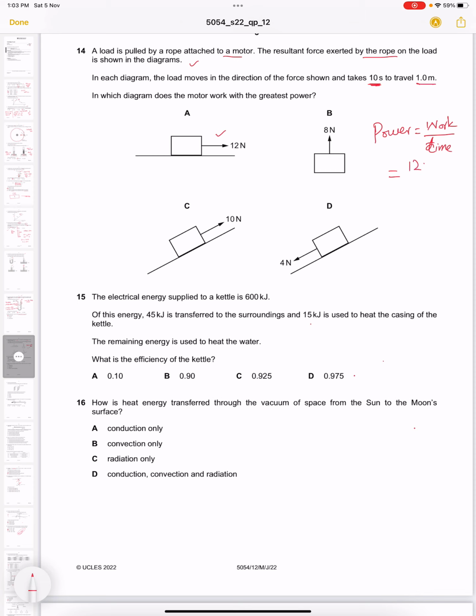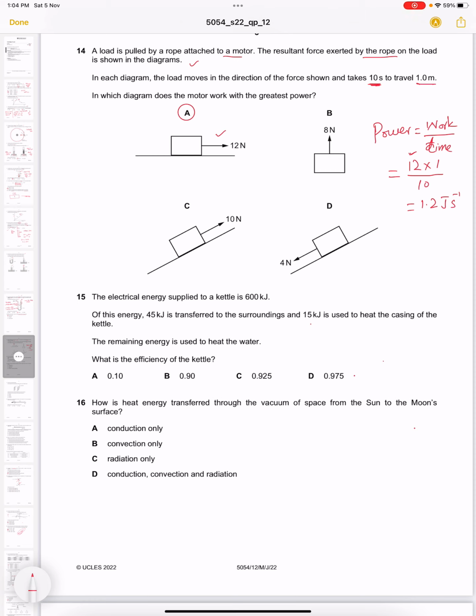So 12 multiplied by 1, and since time is also the same in every situation, so option A, in which we will take 12 multiplied by 1 over 10, so that will be 1.2 joule per second. In all other options, definitely we will get the lesser answer, because we will put here, instead of 12, smaller values, so the answer will be smaller. Option A is the correct one.